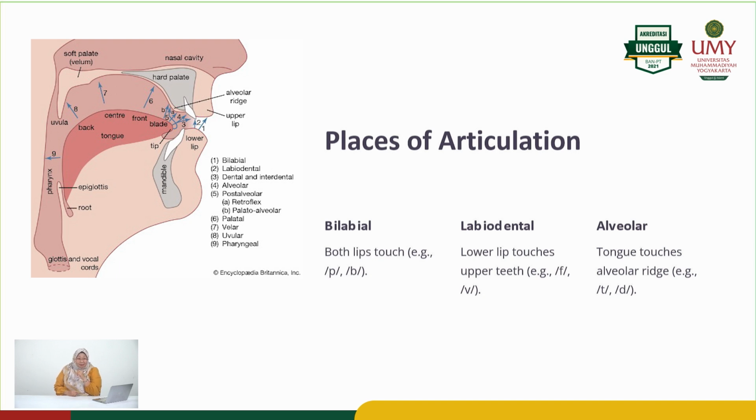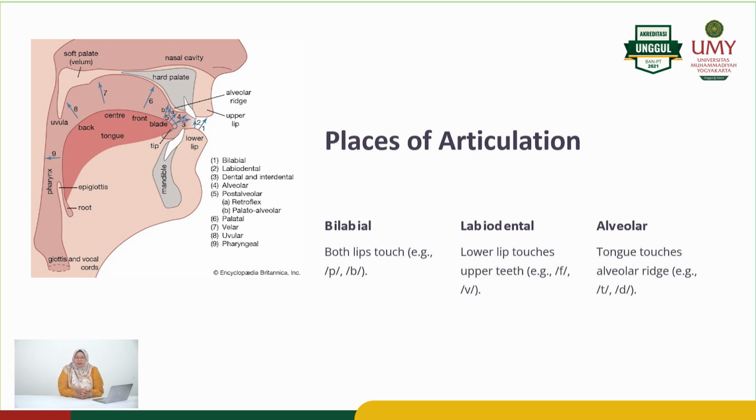And dental, now in dental sound, the tongue touches the teeth, like when we say think. Okay, and then as I mentioned previously, when we produce alveolar sounds, the tongue touches the alveolar ridge just behind the upper teeth, t and d.